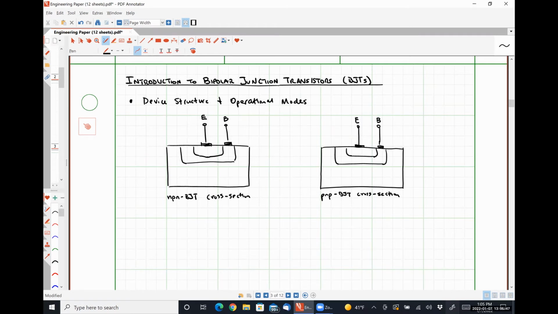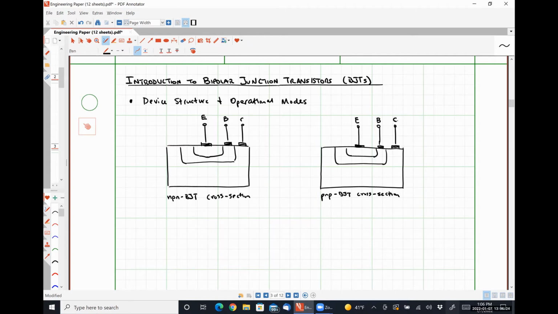And we can think about the base as a knob. So there are always going to be charge carriers in the emitter region. But what our base does is effectively turn on or off the flow of those charge carriers through the device. And then finally, we have our collector, where, as the name implies, the charge carriers get collected.